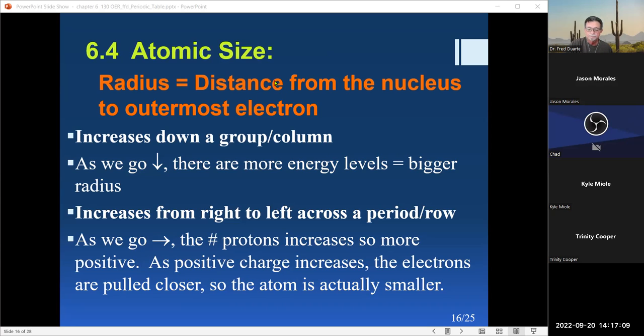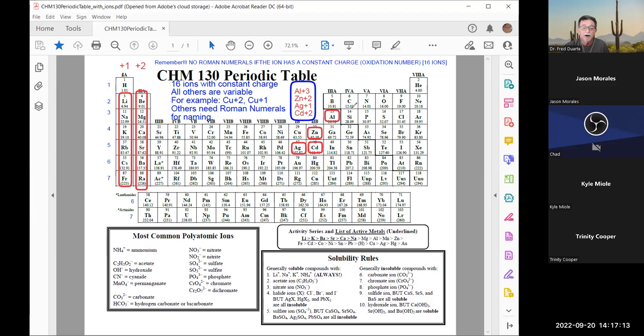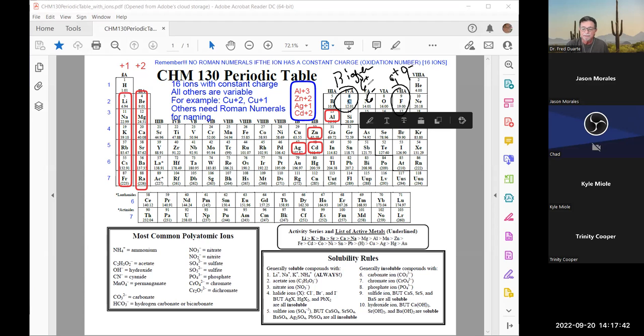For example, if we compare, let's say, carbon versus fluorine, well, carbon would be bigger in radius than fluorine. And that is because fluorine has 9 protons and 9 electrons, 9 positives and 9 negatives, whereas carbon only has 6 positives and 6 negative electrons.